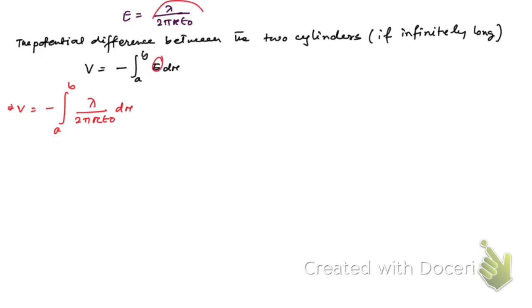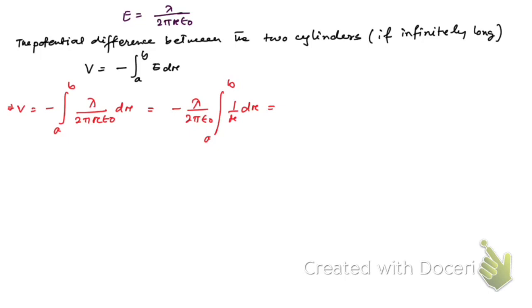So E is replaced by this, right? Then lambda is constant here, lambda by 2 pi epsilon naught, this part is constant, and here we have 1 by r dr. If you integrate this, then what is it going to be?